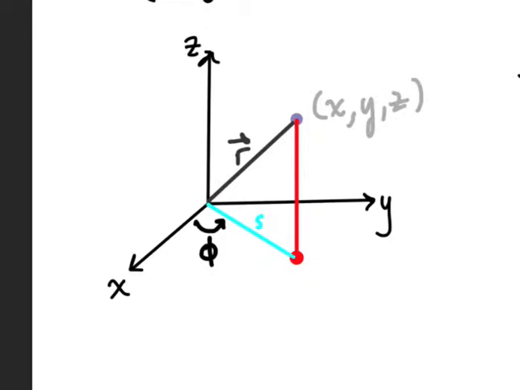And so now, where do these components come into play? So x is the magnitude in the x direction. So we're going to go some magnitude x in the x direction, and that will give us our x. And then we go some magnitude in the y direction, and that will give us our y. So we have x and y.